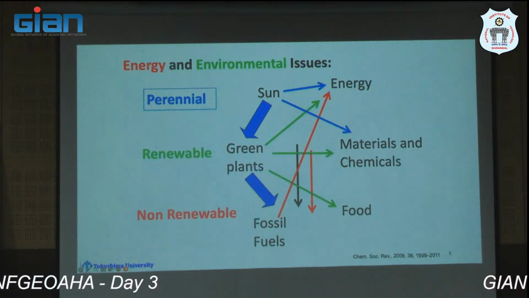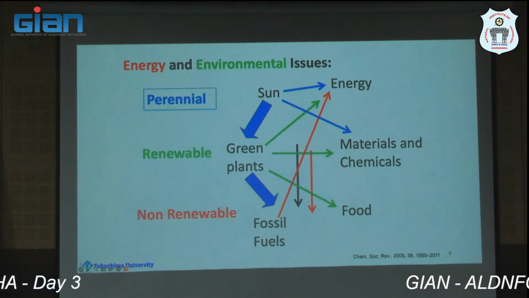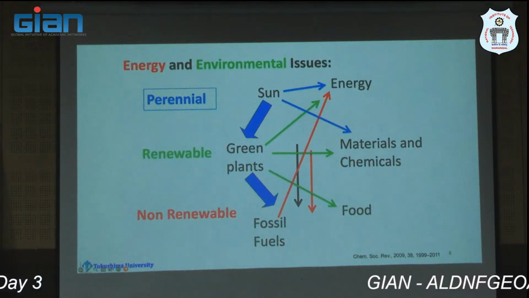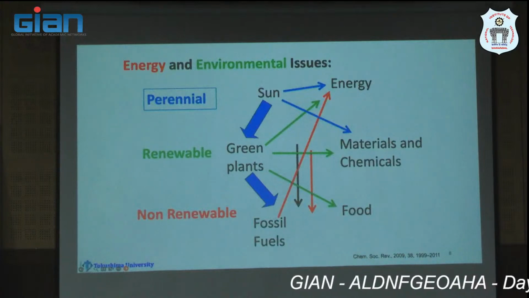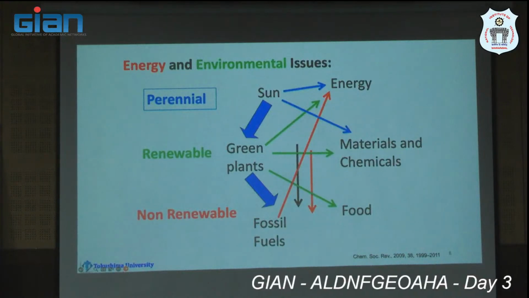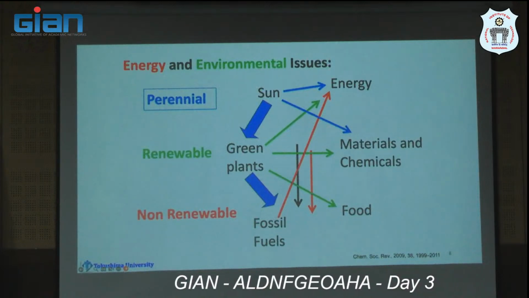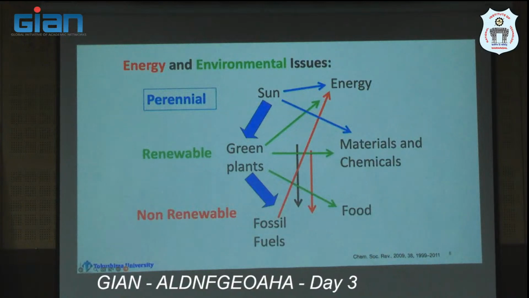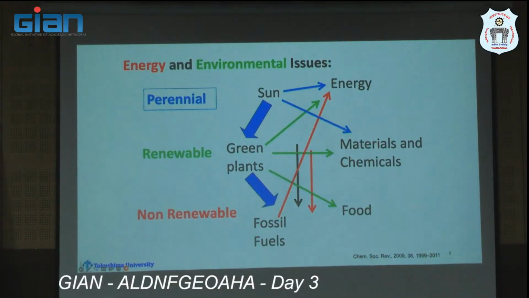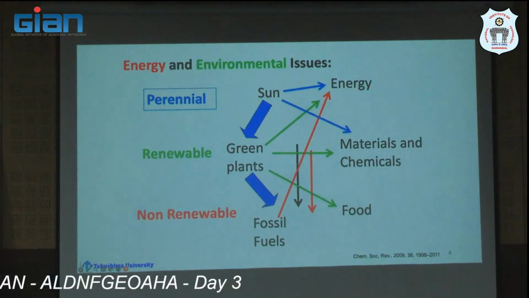You might have heard about renewable sources like CNG that you use for fuel, but CNG also creates CO2. So it is renewable energy, but it still has the problem of CO2. It is better than petrol and gasoline, but it still has some disadvantages.